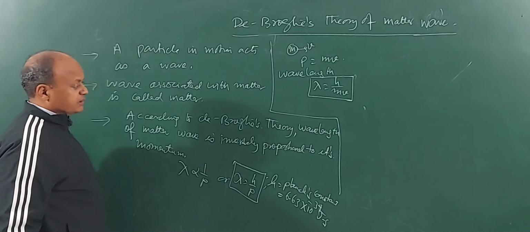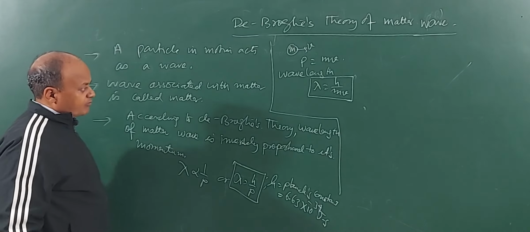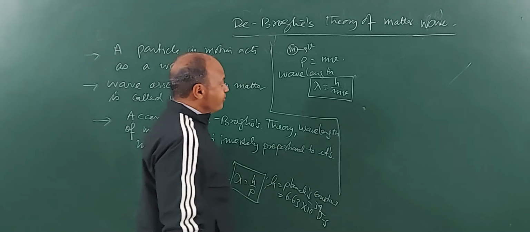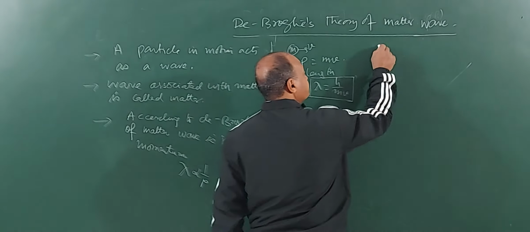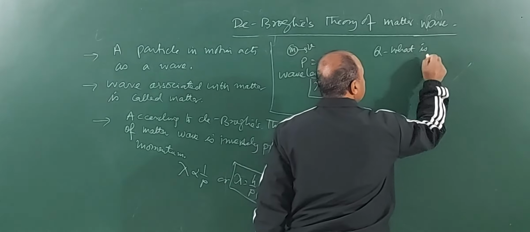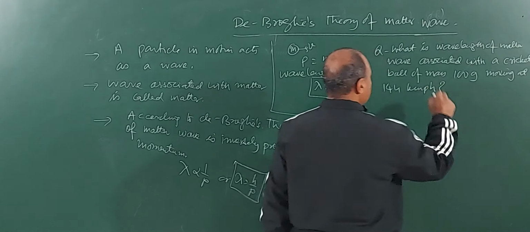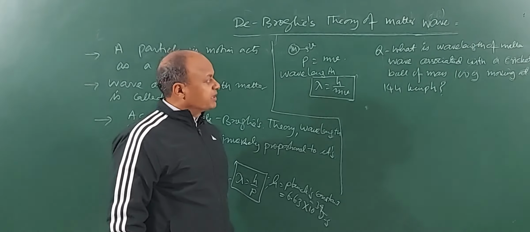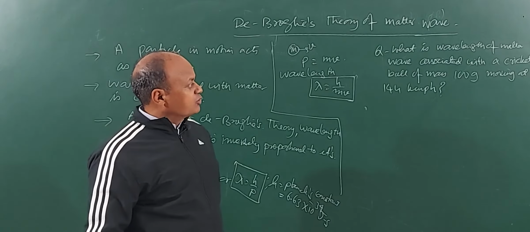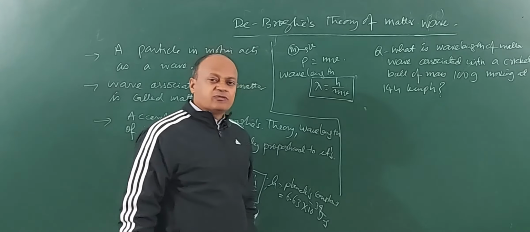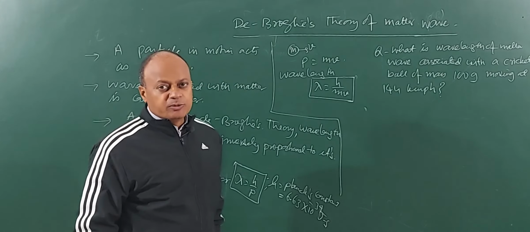Okay? Now, suppose you are asked a question: what is the wavelength of the matter wave associated with a cricket ball of mass 100 gram moving at 144 km per hour?